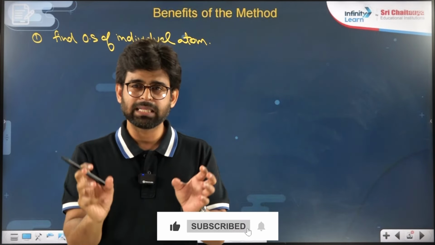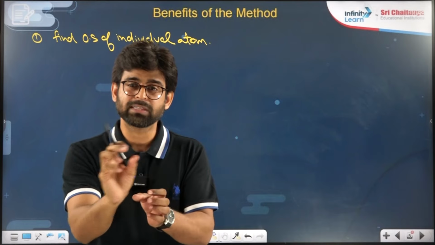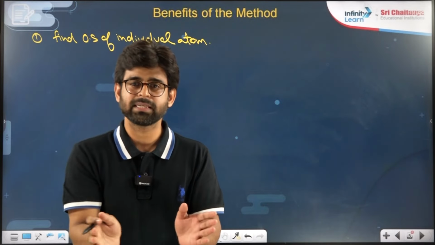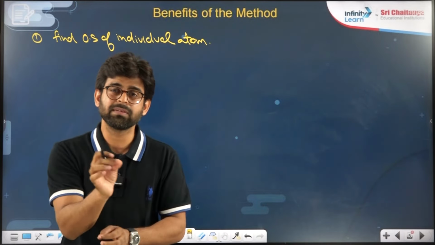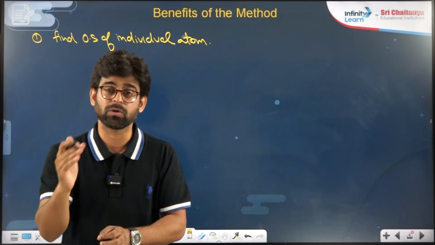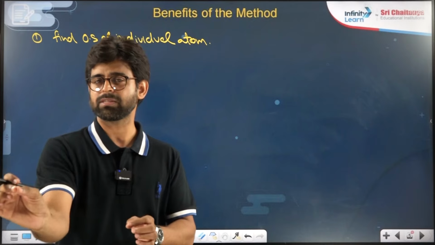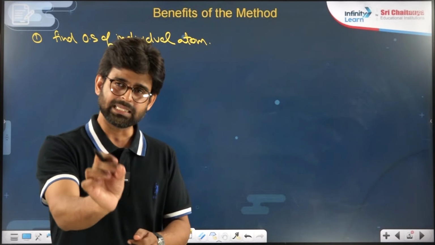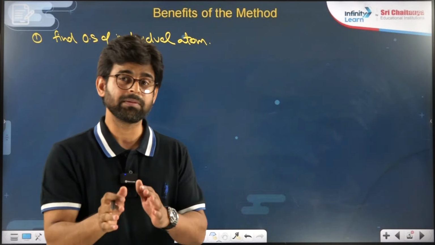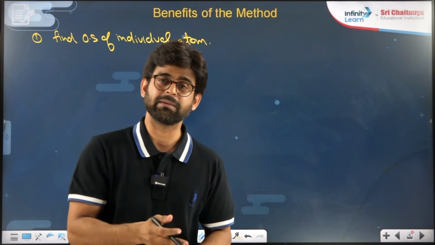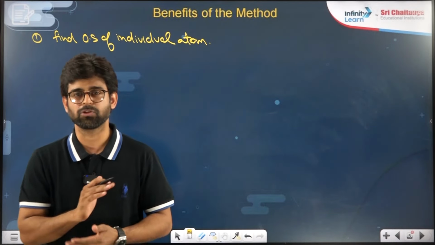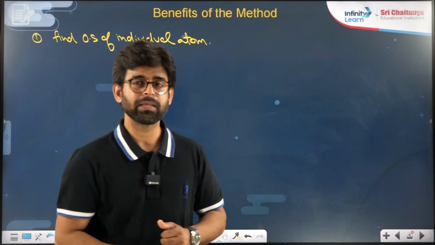The formula will apply the average: for all phosphorus I will use 3x and solve it, so I will get only the average of the oxidation states of all 3 phosphorus. But the structure can tell you the individual one: this phosphorus has this oxidation state, this one has this. This can be asked. In the NEET exam 2 years back they asked this question. I will show you the question.